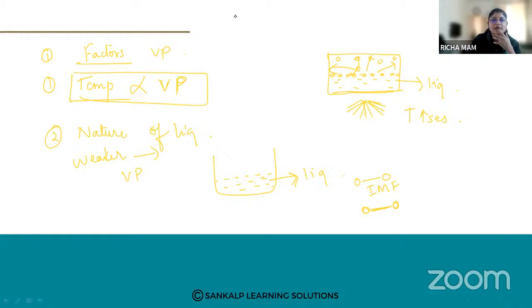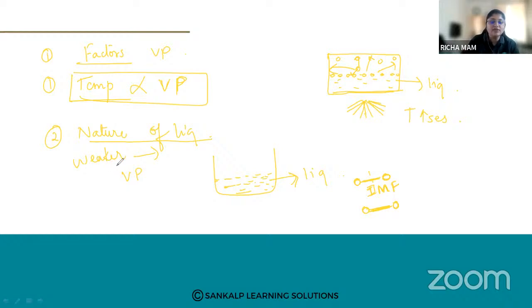Nature of liquid depends upon the intermolecular forces. What are intermolecular forces? The force which holds the atoms together. If the intermolecular forces are weak, they can be easily broken. If they are strong, it is very hard to break.